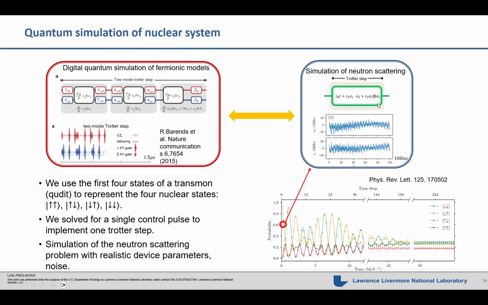So we created one gate that emulated a Trotter step for a neutron scattering problem. This over here is the gate. We applied it and we could see oscillations. So these oscillations are the neutrons interacting with each other. So it's possible to use these bigger systems to actually emulate how other quantum systems work.